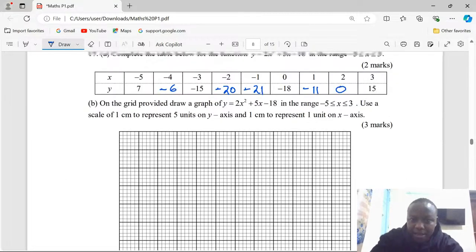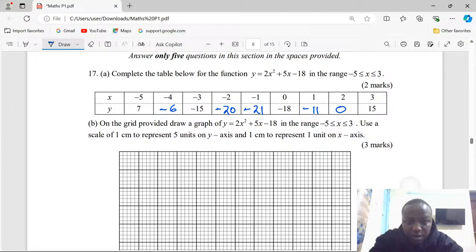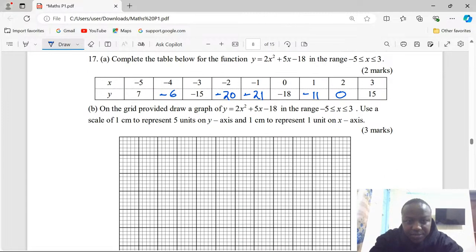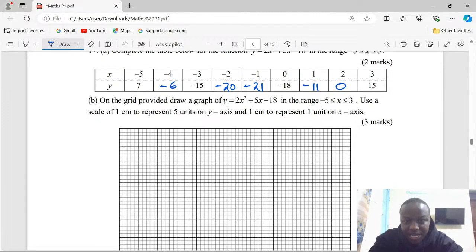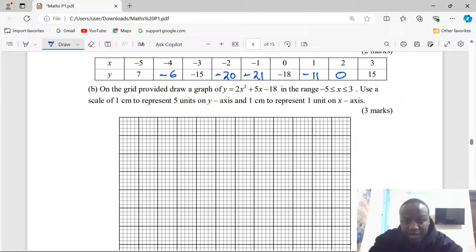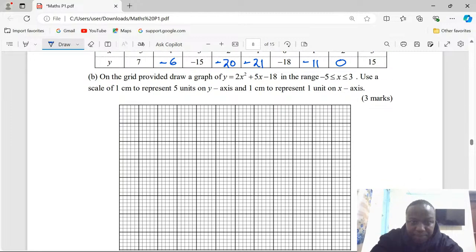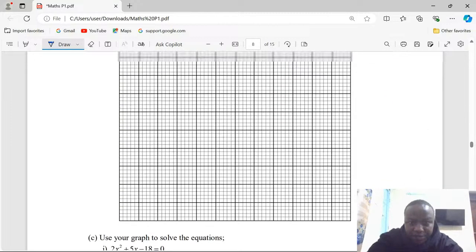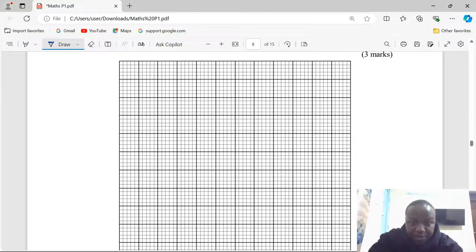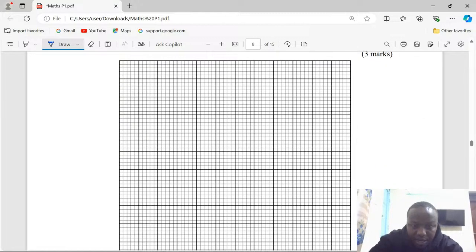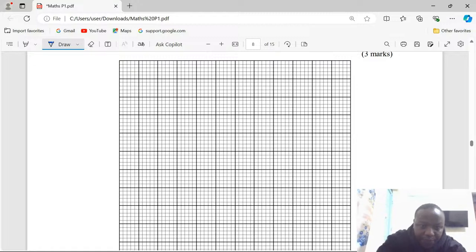So remember, the largest value on the y-axis is 20, which is negative. Then there is a 15, which is positive. We are using 5 units to be represented by 1 centimeter.